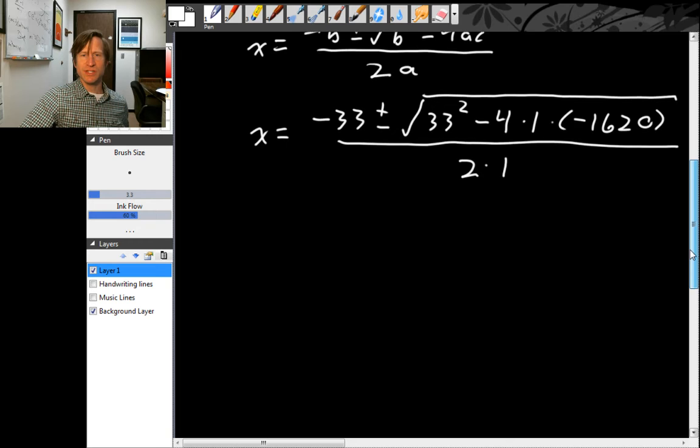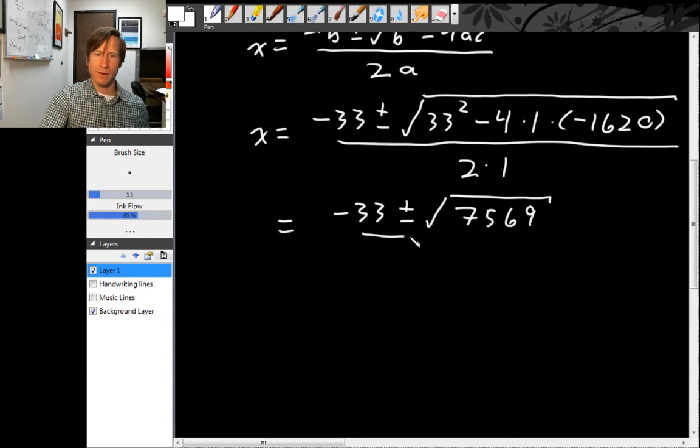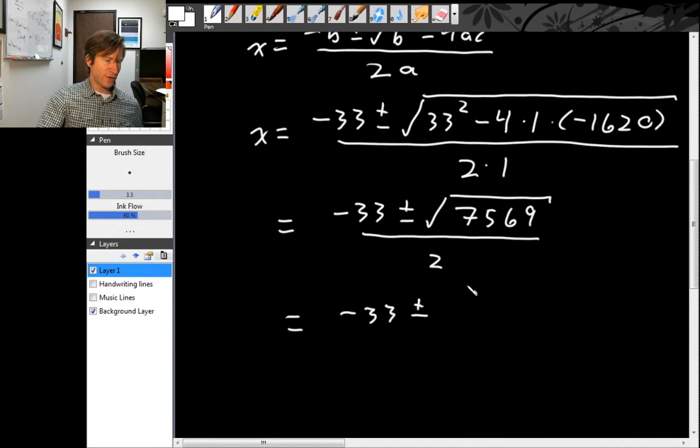Okay, now we just need to do all of this arithmetic. So negative 33 plus or minus the square root of, dump all this stuff inside the square root into your calculator. I got 7,569. All over 2 times 1 is 2. So negative 33 plus or minus, the square root here is 87, all over 2.